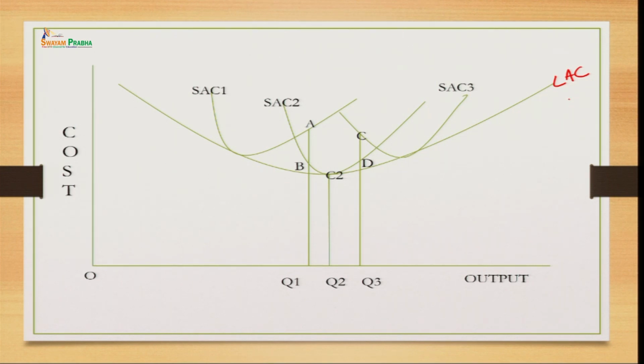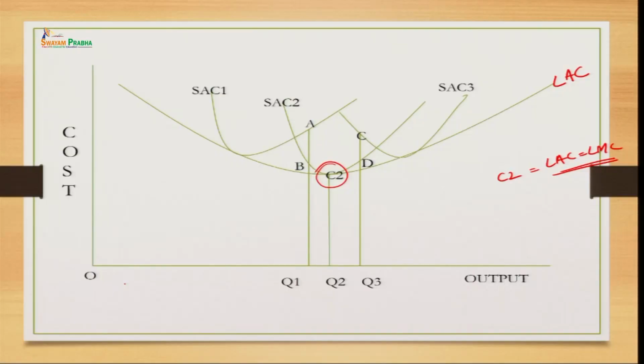Let us assume, not assume, this is fact, that C2 is the optimum point, as we have already discussed. Up to this point if you are making production, because this is the point where our LAC curve equals LMC, right. So, this is the optimum point, but if we have to produce less than the optimum point, or more than the optimum point based on demand, then how are we going to make a decision?